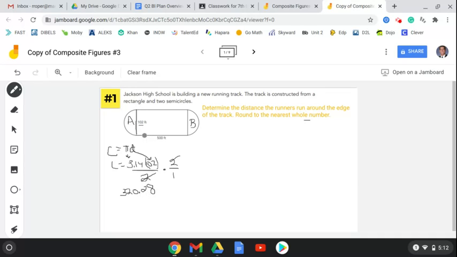Okay? So if I start, let me get a different color here. If I start right here, this blue dot, and I'm going to go around the track. Well, from here to here is 500. Okay? Then if I go around this part and down this part, there's 500 more. Okay?